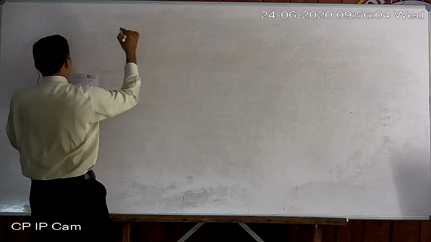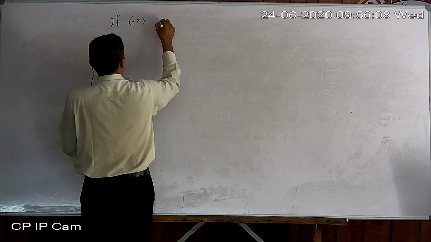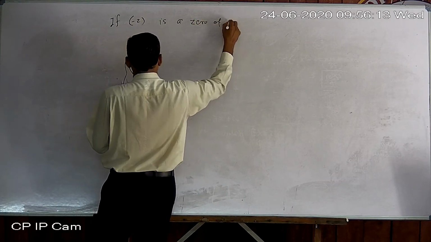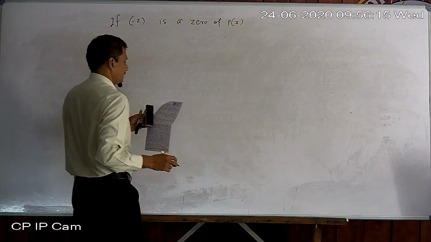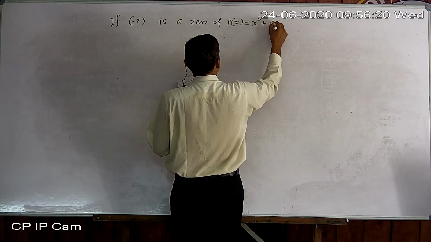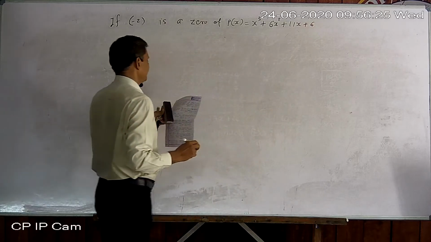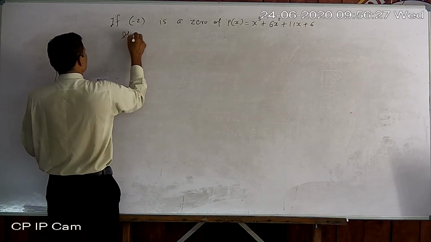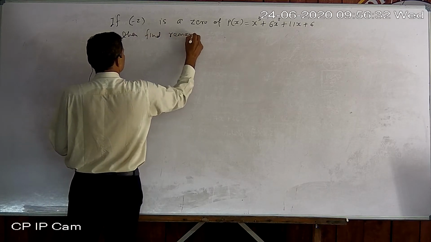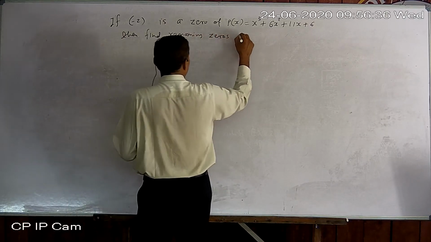Okay, so if minus 2 is a zero of p of x, x cube plus 6x square plus 11x plus 6, then find the remaining zeros or other zeros of p of x.